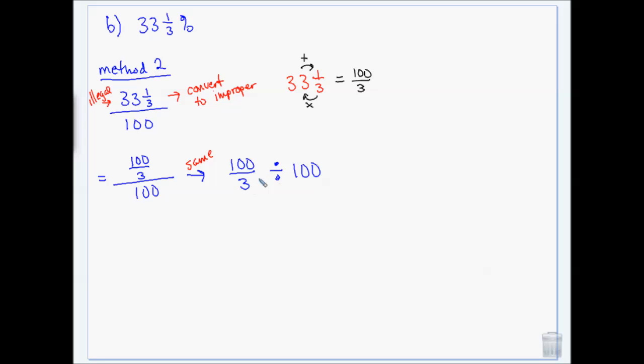If we had done the fraction section first, this would make more sense, but do you guys remember how to divide fractions by chance? It's keep, change, flip. So I do 100 thirds times 1 over 100.